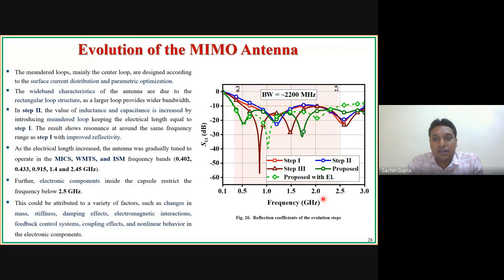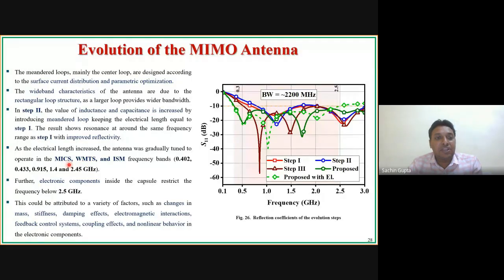This is the S11 performance of this antenna, and you can see the final design. The curve is shown in this light green color. So this is the performance of the proposed antenna system.